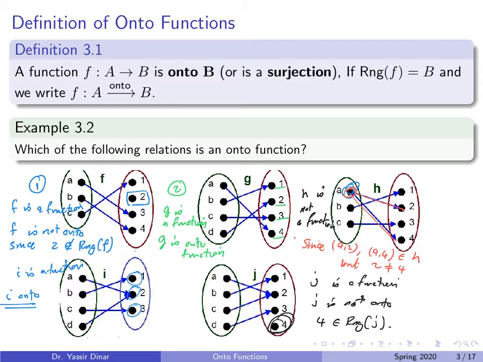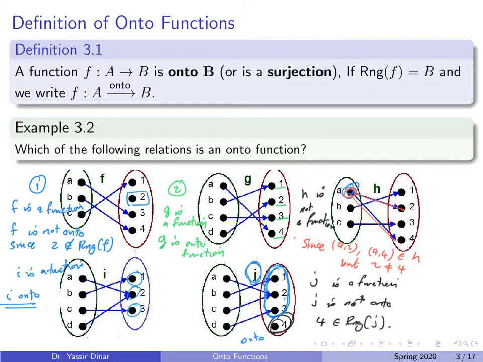Notice that the condition of the function to be onto is a condition about the codomain. So after given the codomain, the function can be onto or not. For example, our example here, j, if we reduce the codomain to just contain 1, 2, 3, then this function will be onto.